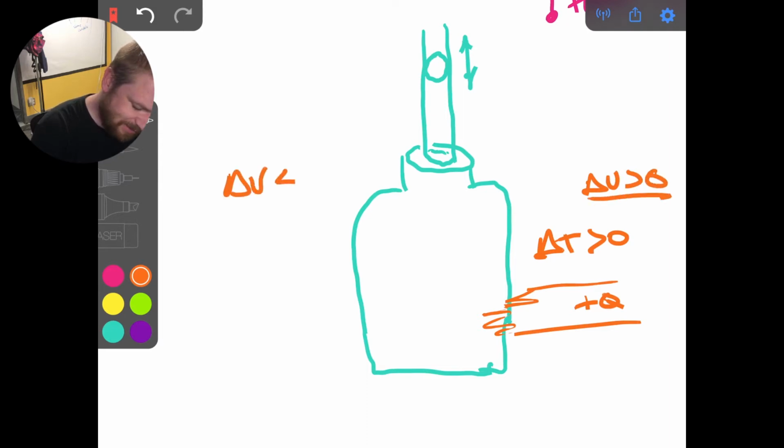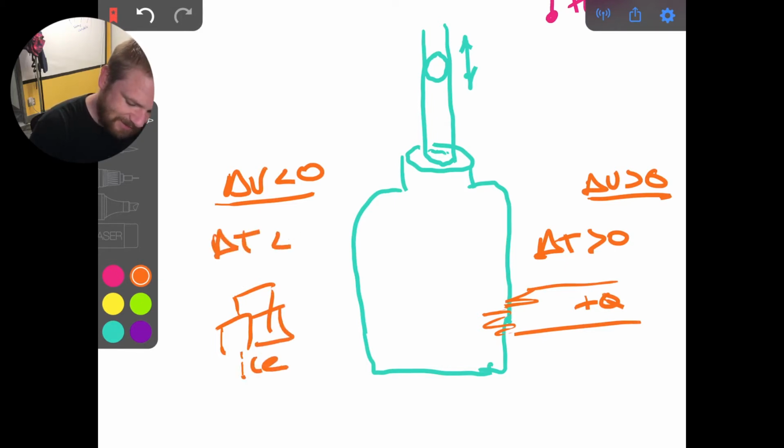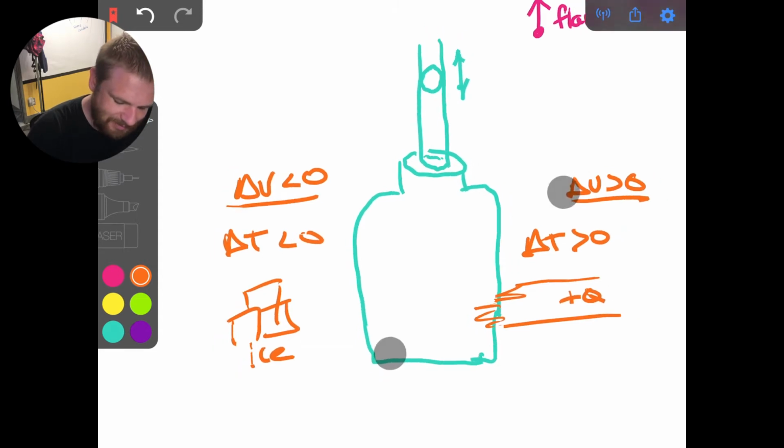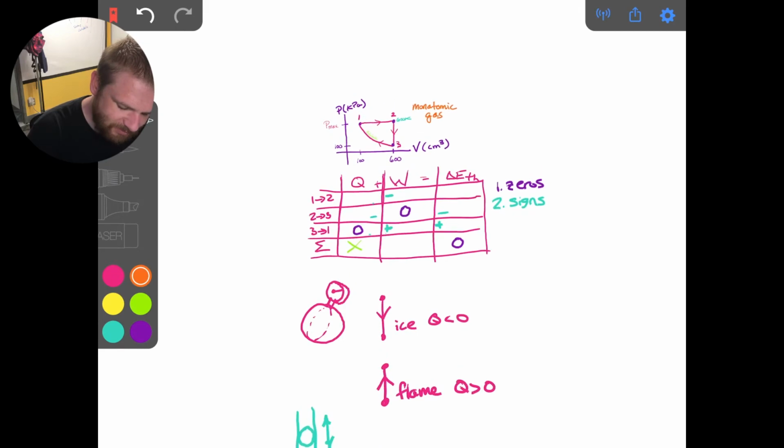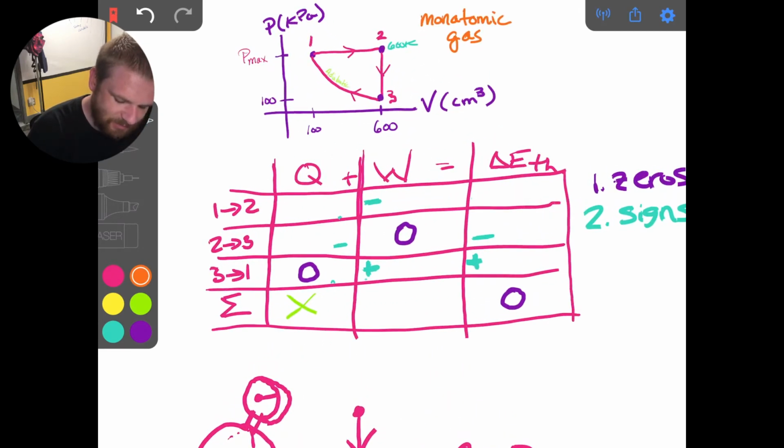If we have delta V less than 0, meaning we're smashing the gas, that is because we have lowered the temperature by adding some version of ice, and we have delta T less than 0 for the case when the volume is decreasing. So in our particular situation, we have an expanding volume. We're going to get that through the application of heat and the corresponding increase in temperature that goes with it.